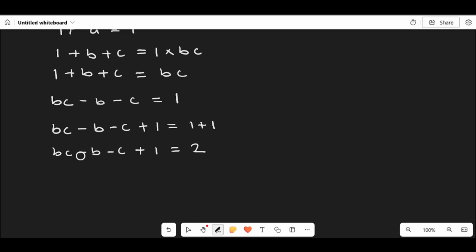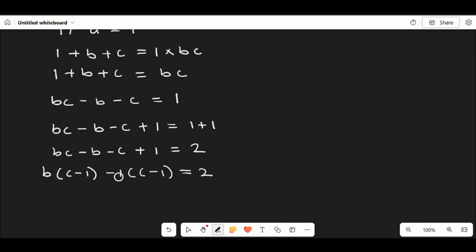Let us factor b from this and factor minus 1 from this. b(c minus 1). If we factor minus 1 from this, minus 1 bracket c minus 1 equal to 2.